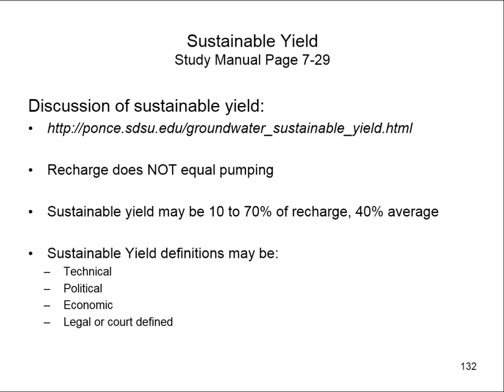So I don't know, in 20 years we might not even have that water. But I'm just wanting to point out that it's something that's kind of a fluid definition, and make sure you understand that the recharge does not equal the pumping rate. And if you hear people talking about that, then they are in error.